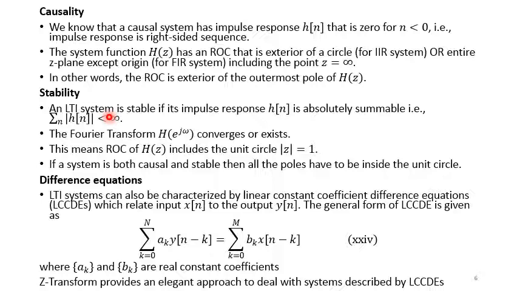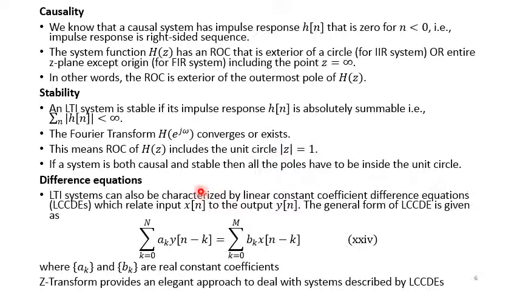Similarly, for the frequency response, if H(e^jω) converges or exists, the system is stable. For H(z), the ROC must include the unit circle, |z| equals 1.